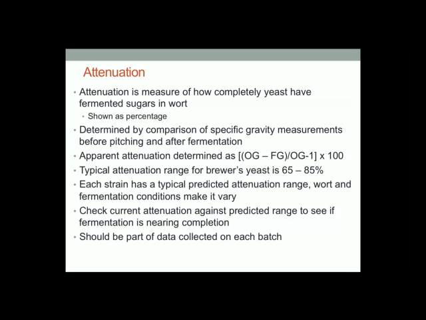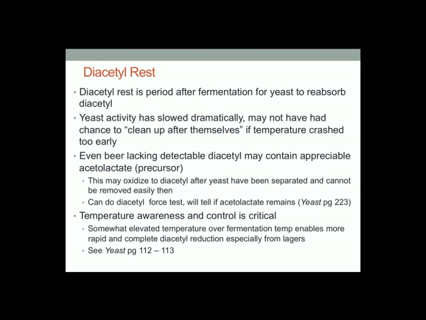But you want your attenuation to get into that range, so as fermentation slows down into stationary phase, it's important to continue to check the specific gravity to see if the fermentation is complete enough. And it's important to collect that data on every batch of beer that's made, what the final gravity is when the fermentation is ended, and that can help to improve quality in subsequent batches.